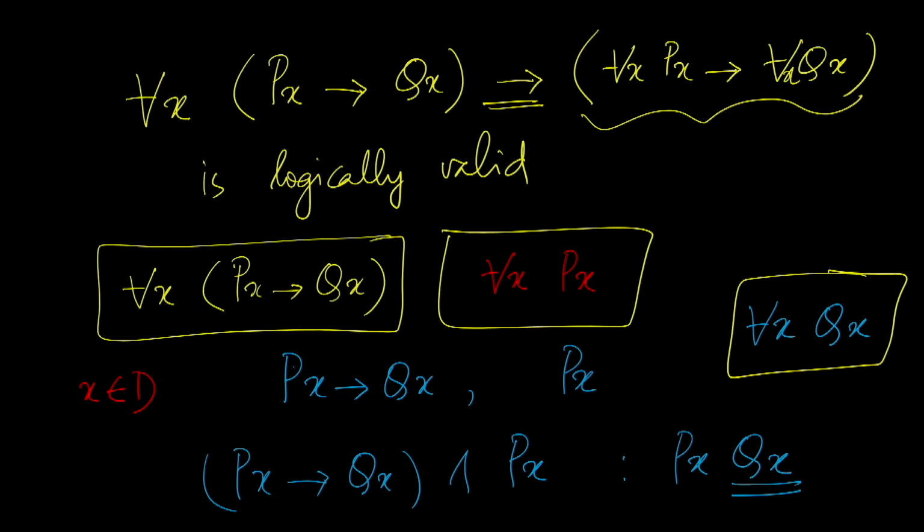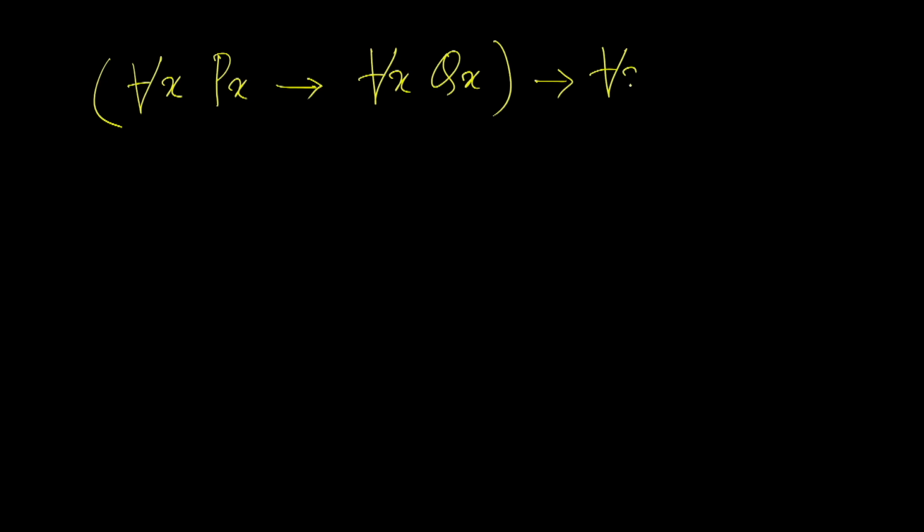But if you take the converse of the formula, that will not be true. For example, for all x Px implies for all x Qx, implies for all x, Px implies Qx, need not be true.